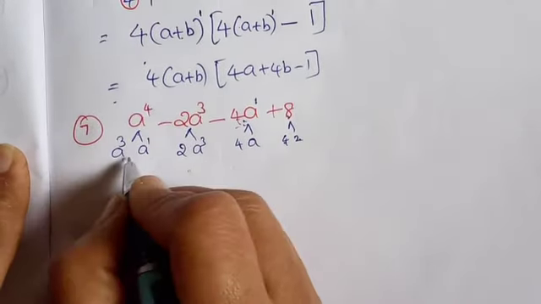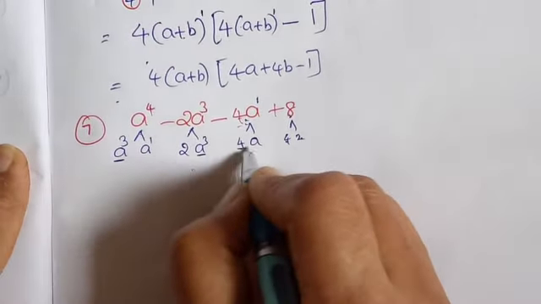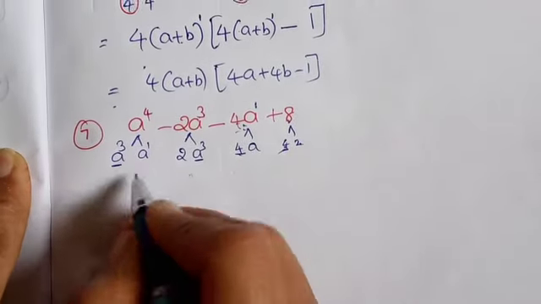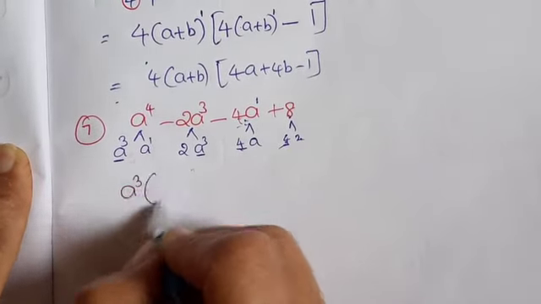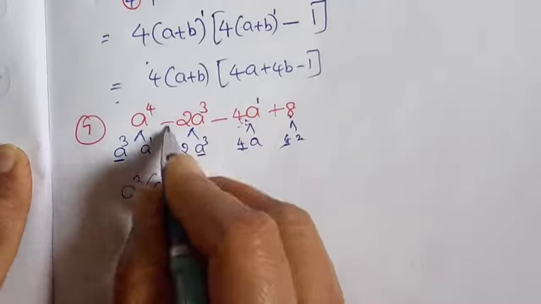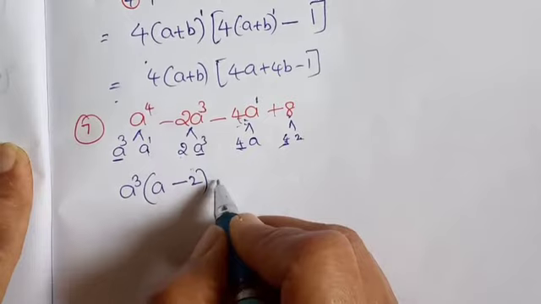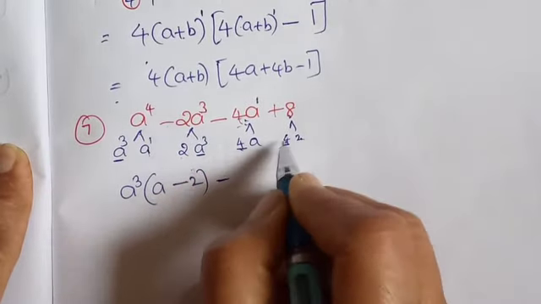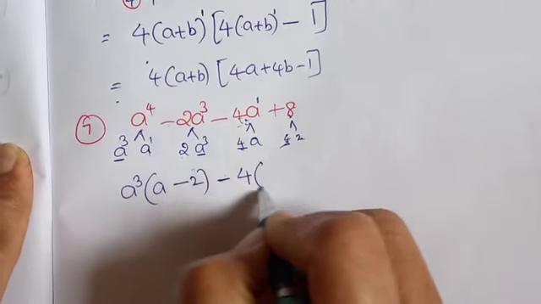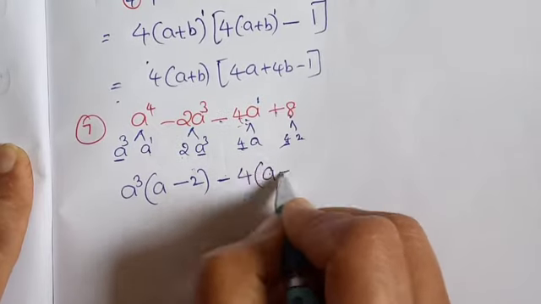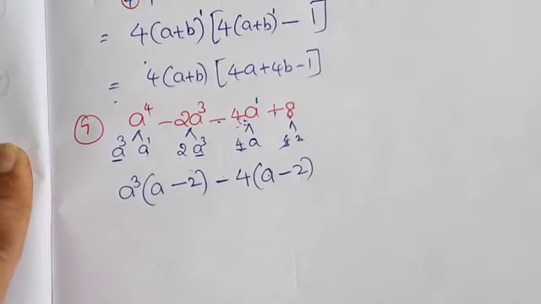Now here a³ is common. Fine. So a³ is common, a is left, minus 2 is left. Now minus here I am writing, 4 is common, a is left, minus 2 is left.